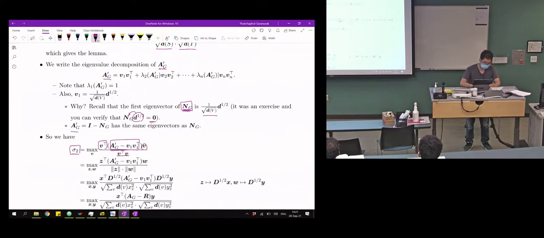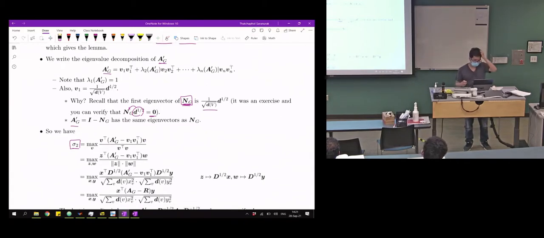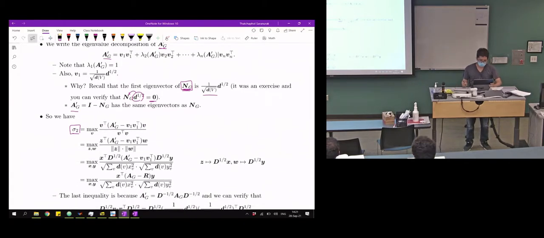This is just the variational characterization of the eigenvalue. And it doesn't matter that instead of maximizing over V for both sides, I can replace it by Z here and W here.